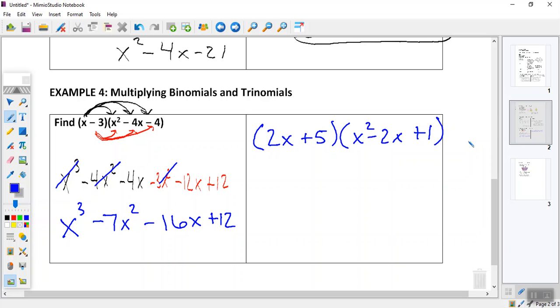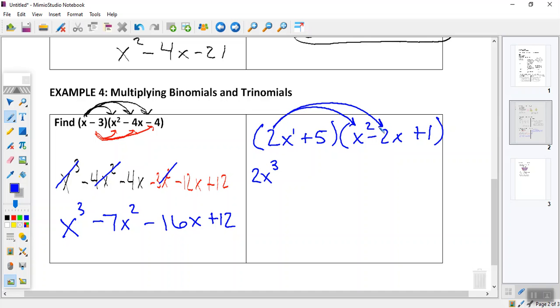What 2 terms am I going to multiply together first? 2x with the x squared. It helps me to draw arrows. So I'm going to take 2x times x squared, which would be 2x cubed. Right, because this is really 2x to the first power. Then I'm going to take 2x times negative 2x.